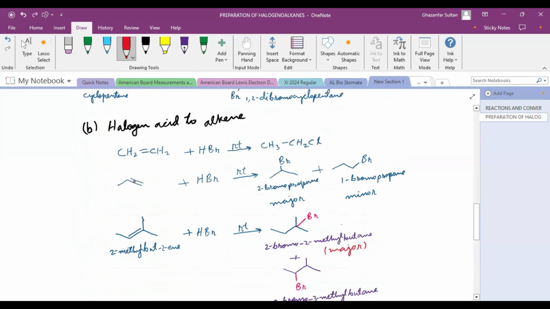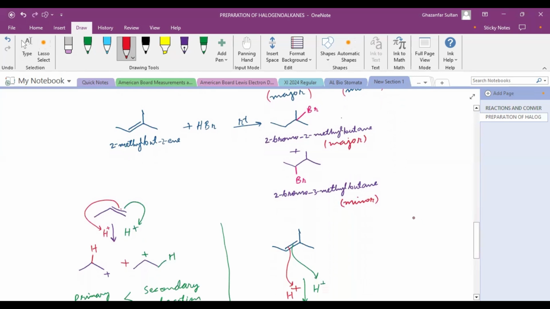There are two chances, whether the primary carbocation is formed by adding hydrogen over here, or whether it forms the secondary carbocation. If the secondary carbocation is more stable, this is the major product, and the one through the primary carbocation is less stable. And similarly here, the major product is the tertiary, because the tertiary carbocation is more stable.